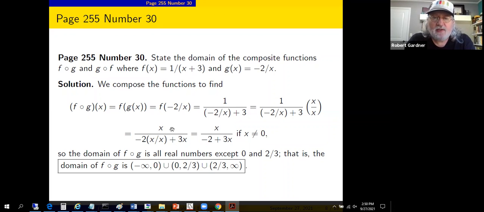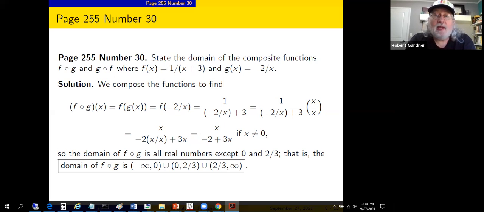This one's not defined at 0 and this one is. To make them equal, then we need to make sure this is not defined at 0. And we do that by manually writing in this is valid provided x is not equal to 0. So x not equal to 0, 0 is not in the domain of this composition. If you like, leave it right here and you'll see it explicitly. This is cleaner, but requires this disclaimer that x is not 0.